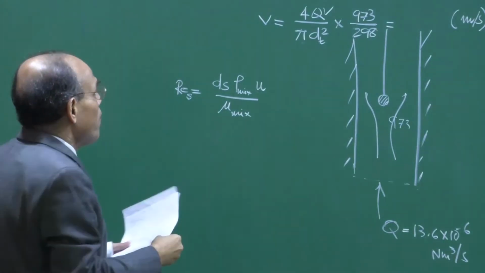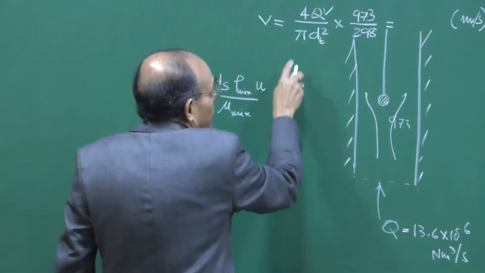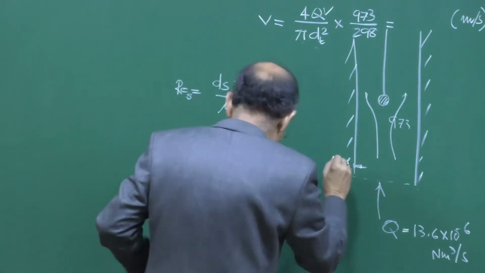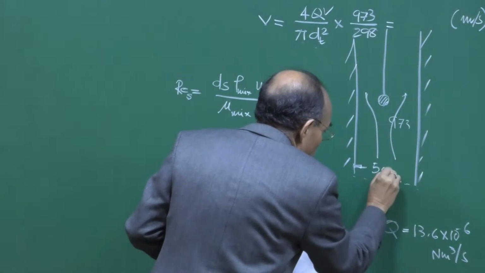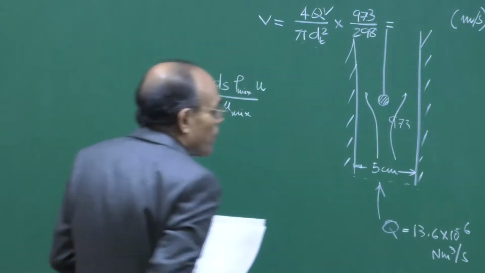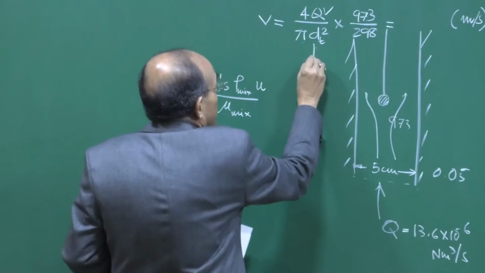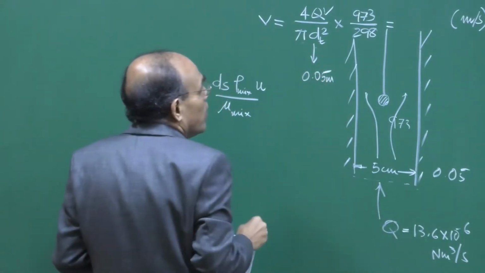And if you substitute the value, Q is equal to 13.6 into 10 to the power minus 6, diameter of the tube, which is 5 centimeter or 0.05 meter.